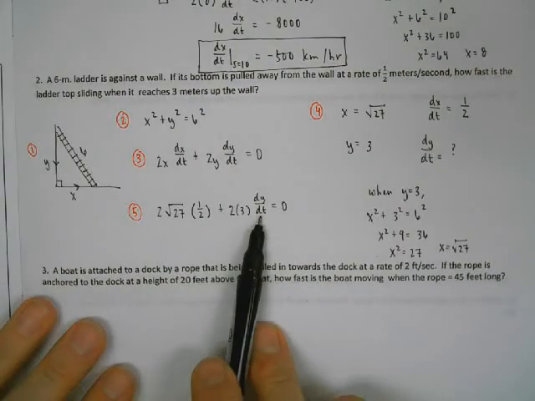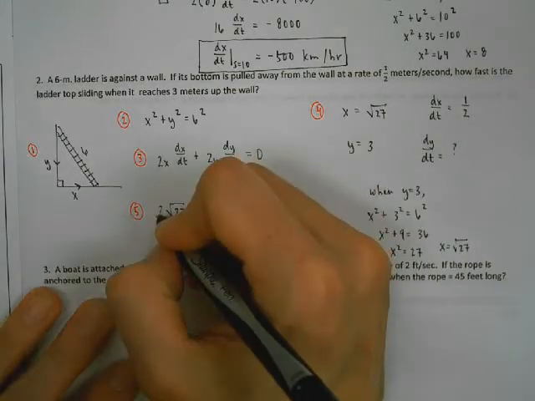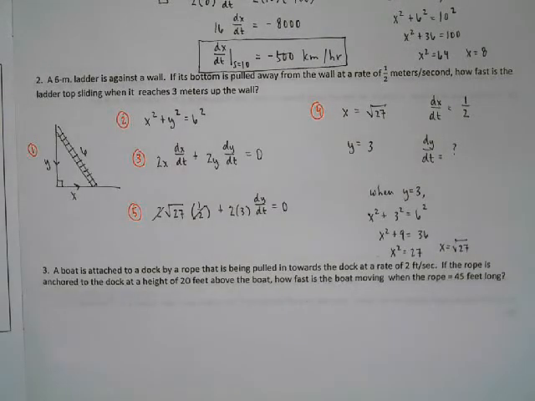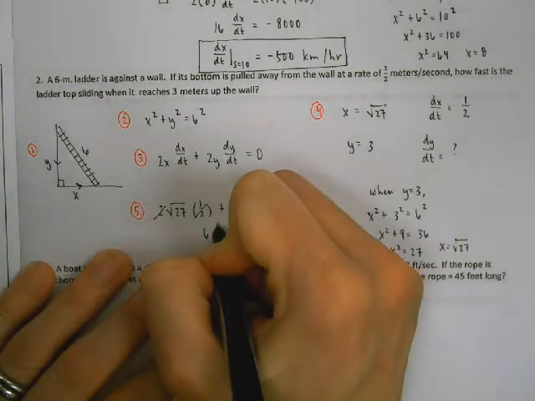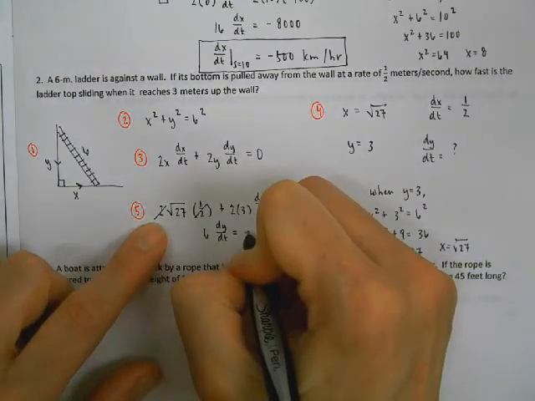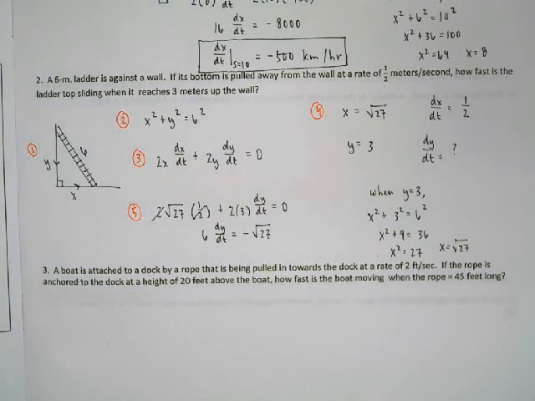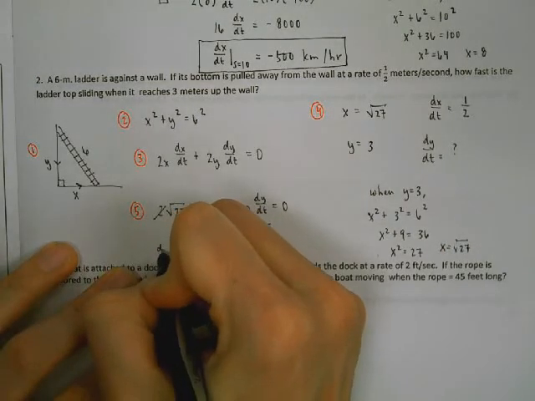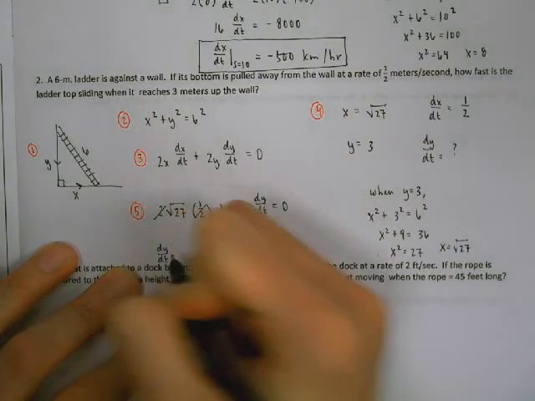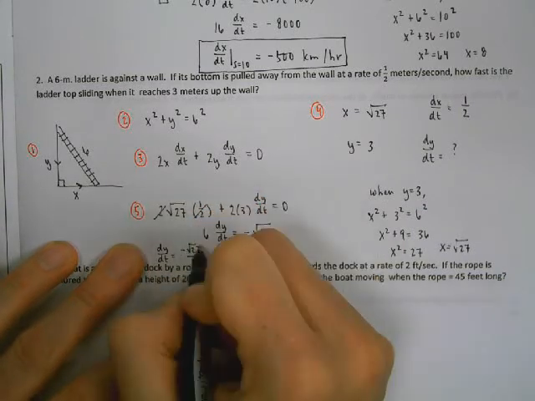So now our goal is just to solve for dy/dt. So I can simplify this. I get 6 dy/dt equals, I'm going to move this over, negative root 27. So dy/dt equals negative root 27 over 6.